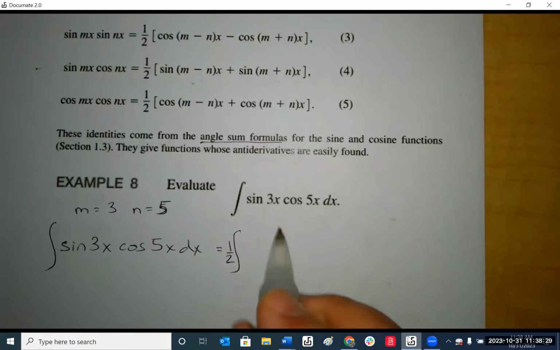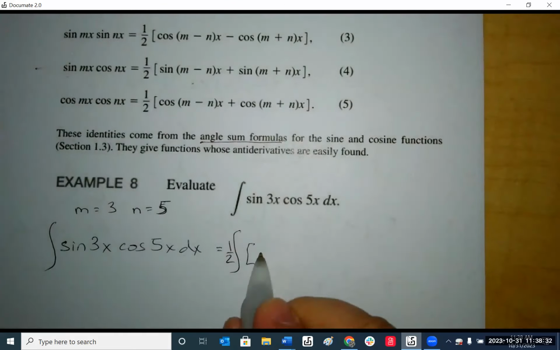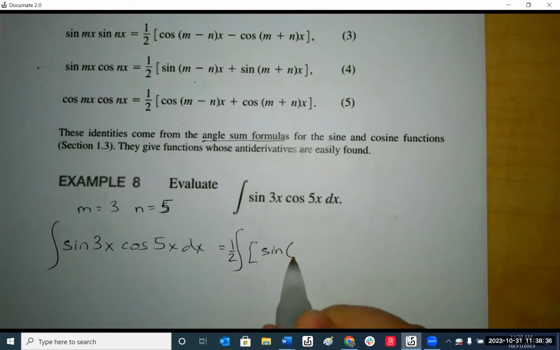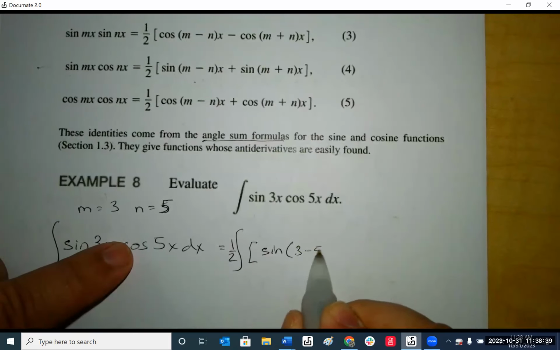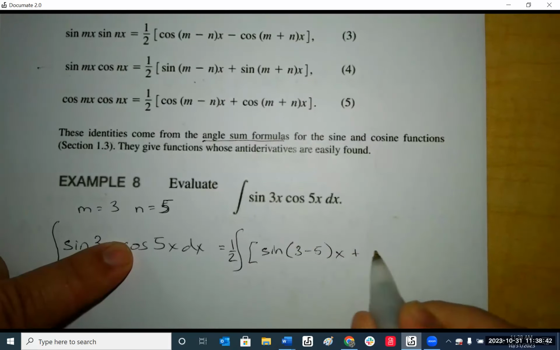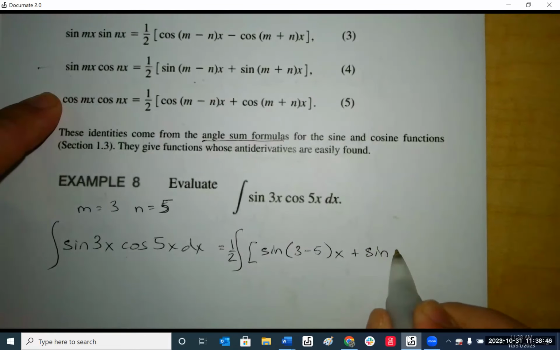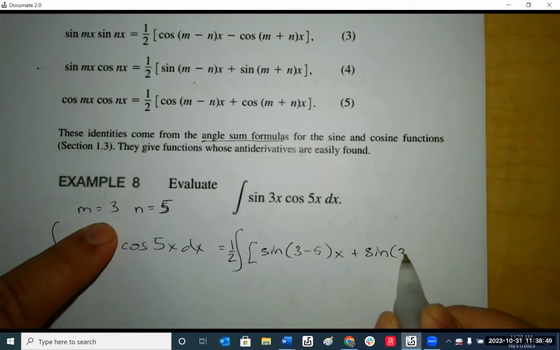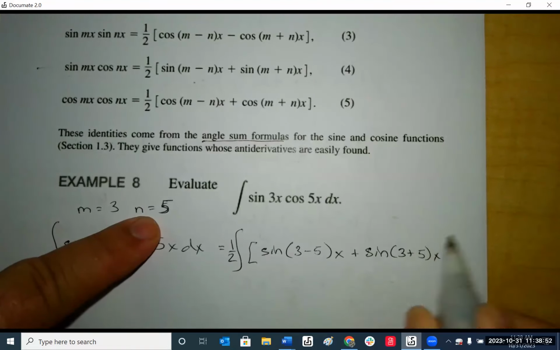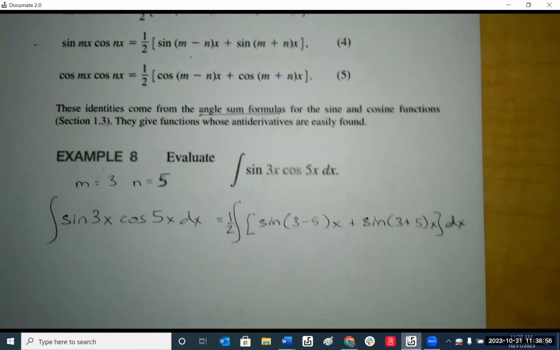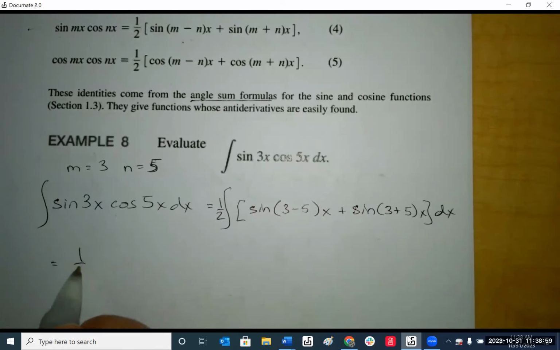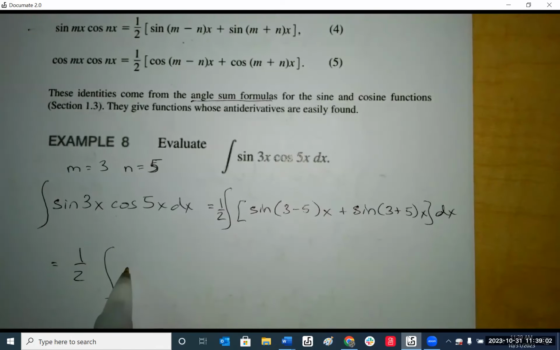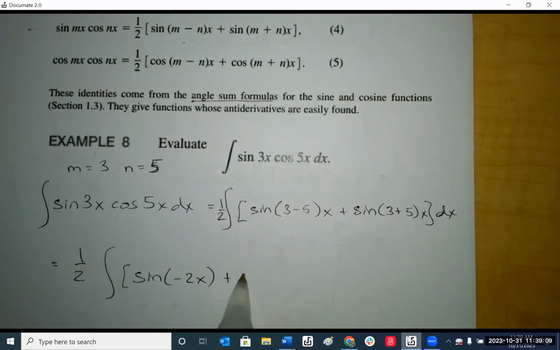Since 1/2 is a constant, I put it out front. So I have 1/2 times the integral of sine of (m minus n)x plus sine of (m plus n)x dx. That is sine of negative 2x plus sine of 8x dx.